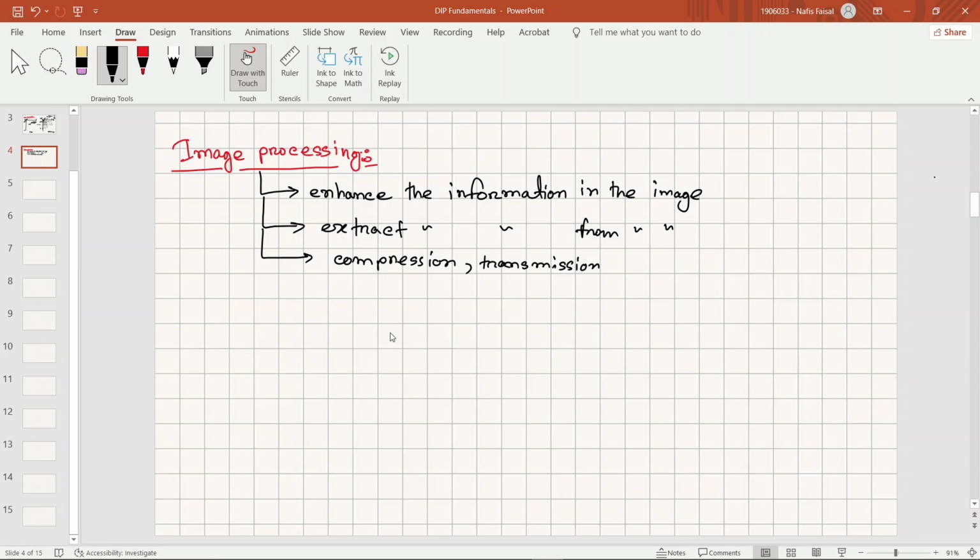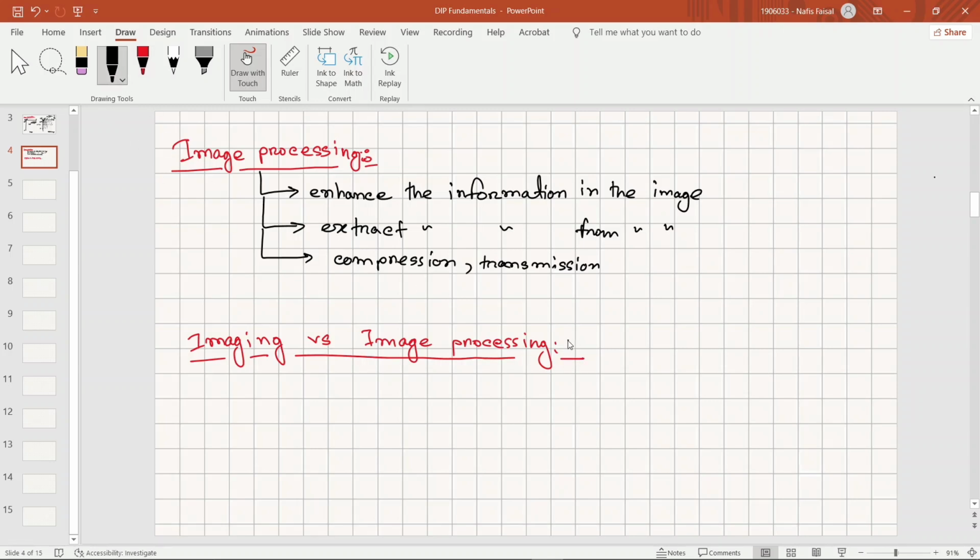Right now, I'd like to state the difference between imaging and image processing. This is something that we need to be clear about. I've already stated what image processing is. Now I'll state what imaging is.